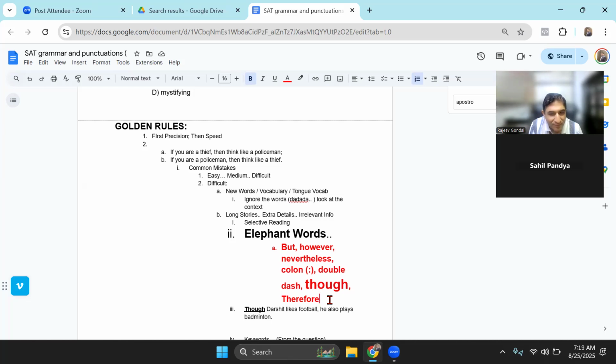My computer is old. Though my computer is old, it runs fast. What do I want to say? My computer is old or it runs fast? My computer runs fast. That's more important for me, right? So this way you can figure out what is important, what is less important, right?